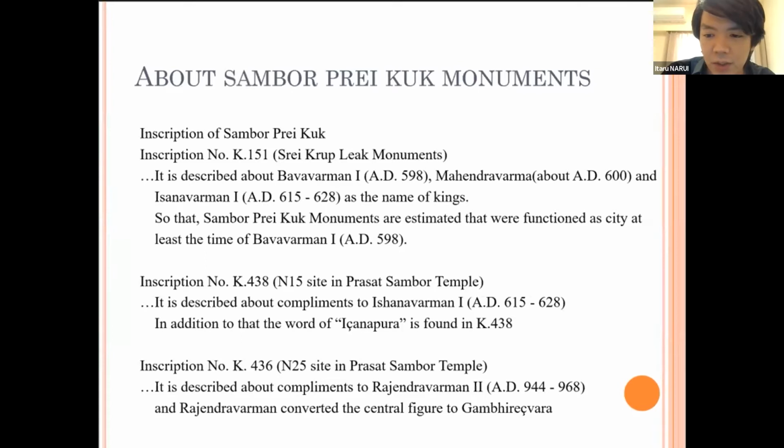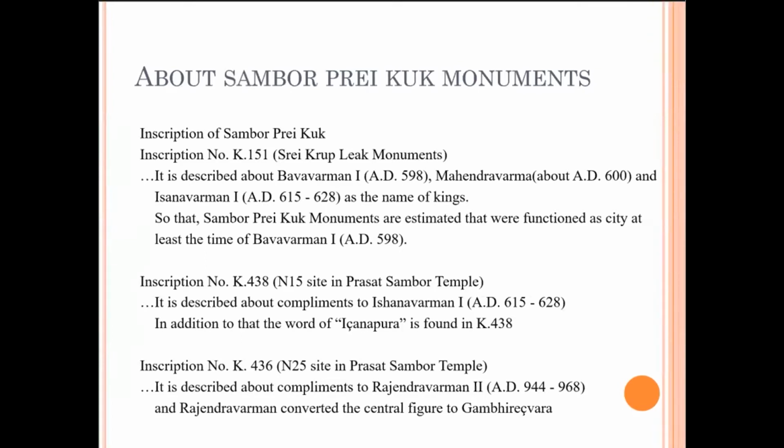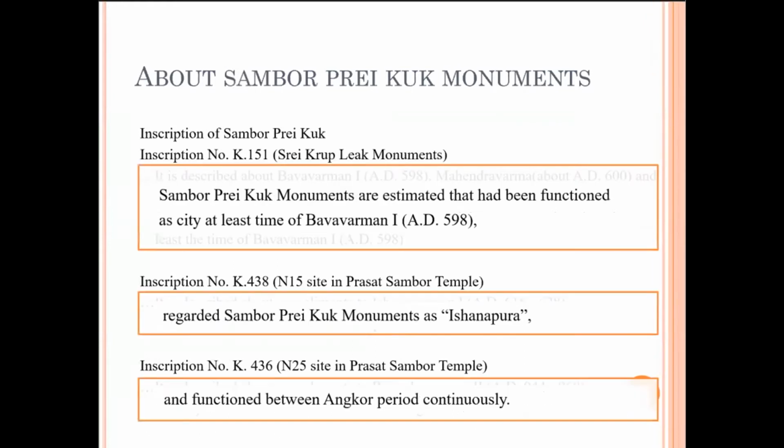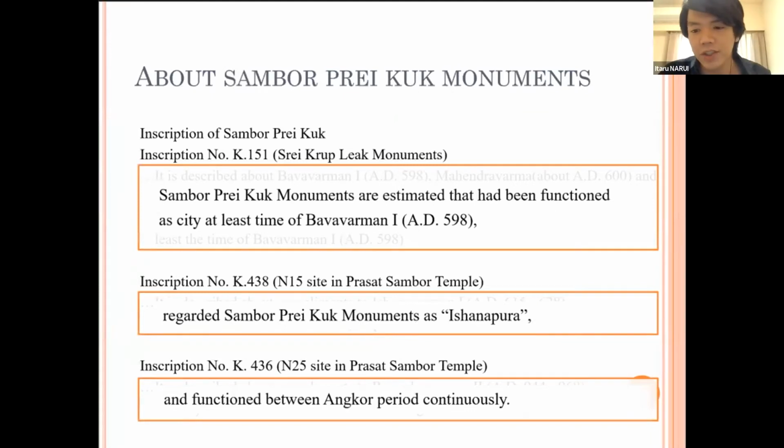In addition to that, the word Ishanapura is found in K438. In inscription number K436, complements to Rajendravarman II are described, and Rajendravarman converted the central figure to Kamsubala. From these inscriptions, the historical facts are revealed.